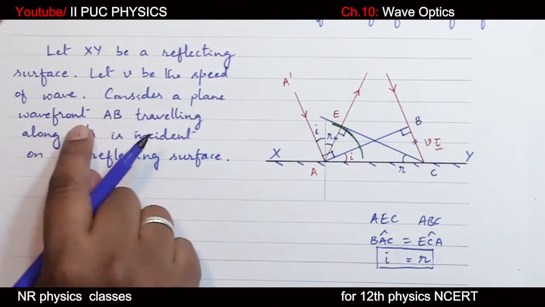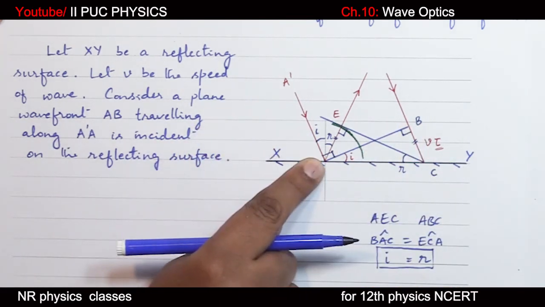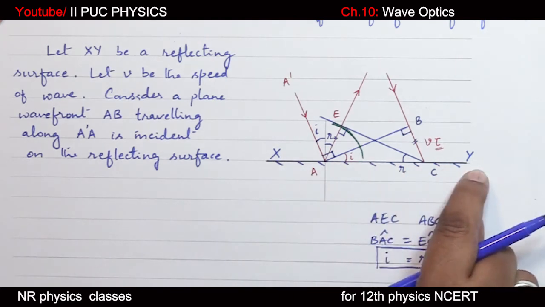Consider a plane wavefront AB traveling along A'A incident on the reflecting surface.